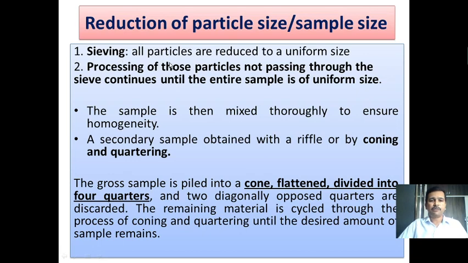Sieving is a process in which all particles are reduced to a uniform size. The small particulates are separated from the large particulates based on size. A sieve allows particles to pass through based on the diameter of the individual holes of the sieve.